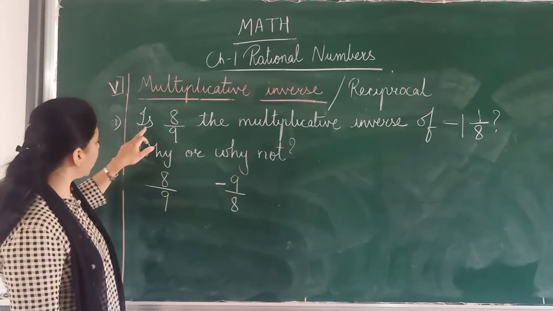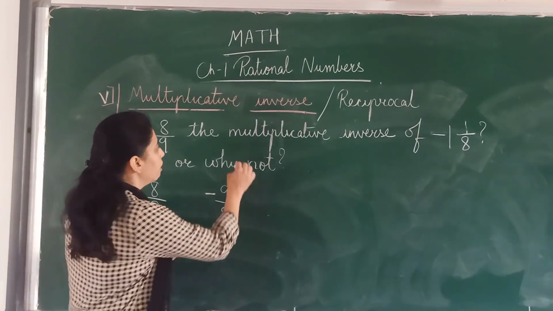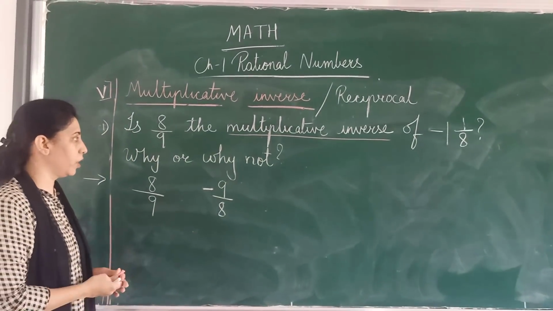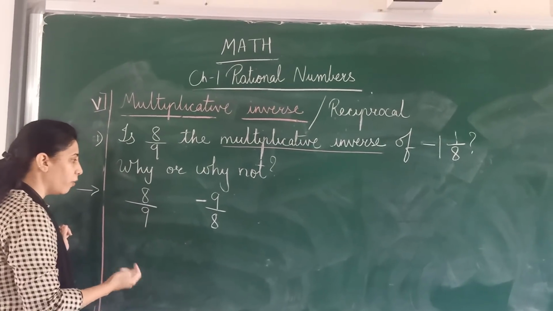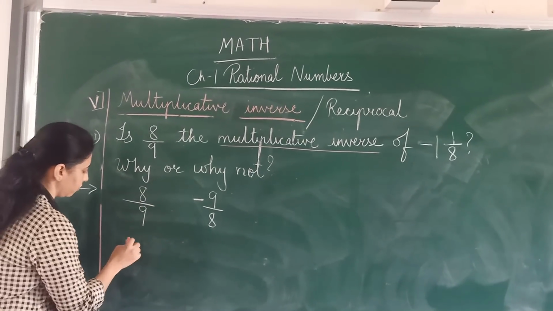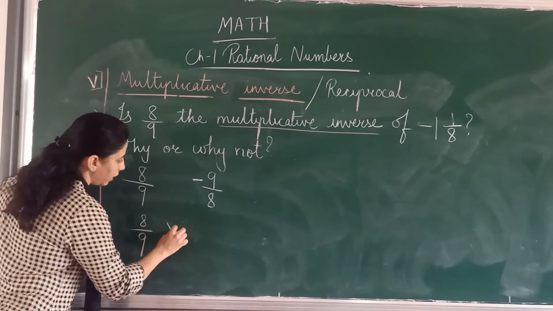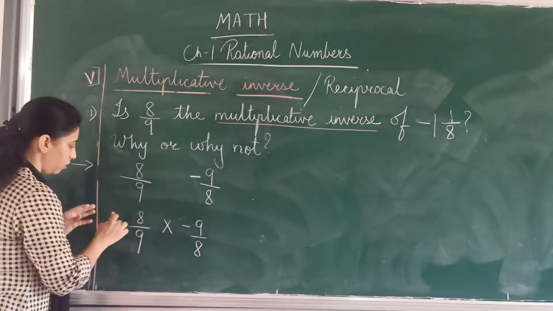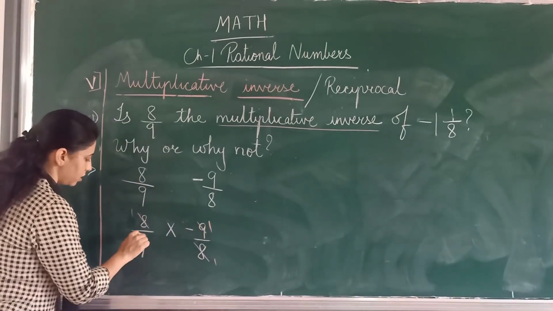Now you have to check, is 8 upon 9 the multiplicative inverse of minus 9 upon 8. So whether it is multiplicative inverse or not, you have to prove it. So how will I prove it? Now when I multiply 8 upon 9 with minus 9 upon 8, 8 ones are 8, 9 ones are 9.